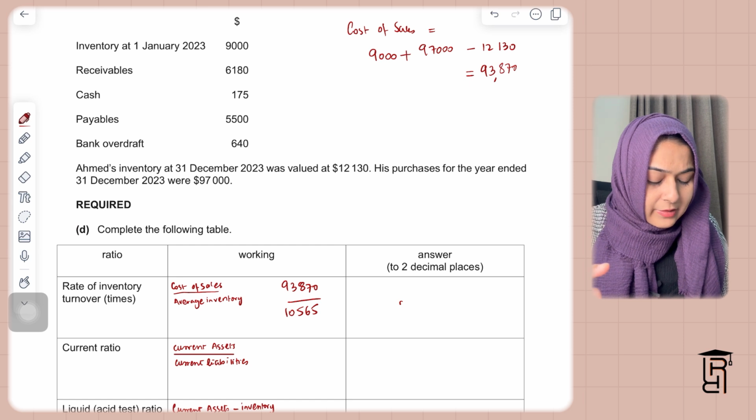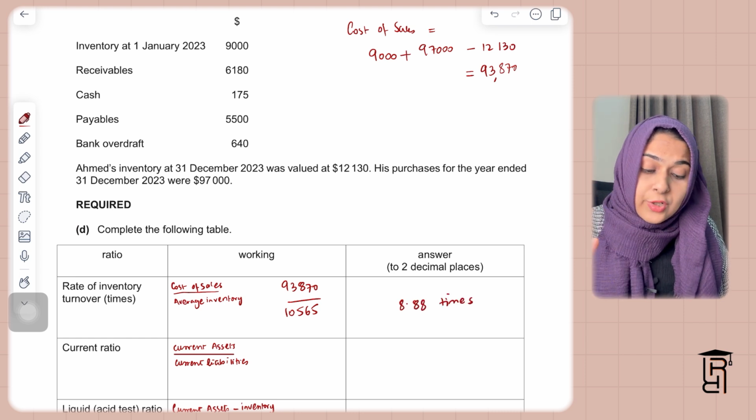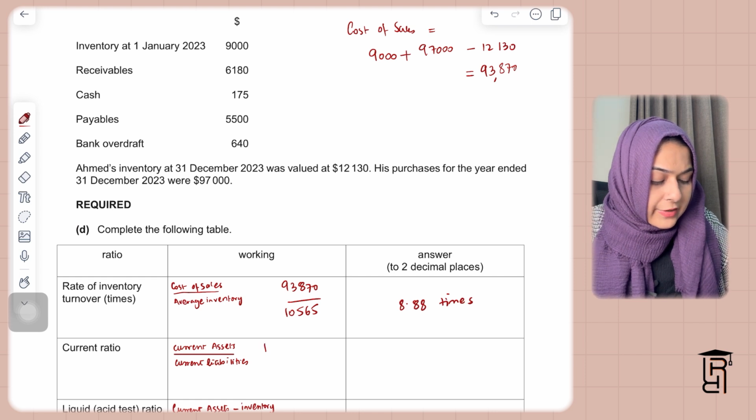For the next ratio, current assets divided by current liabilities, the closing values are always important. Opening inventory is only relevant for rate of inventory turnover. However, we need to take closing inventory in our calculation of current assets.